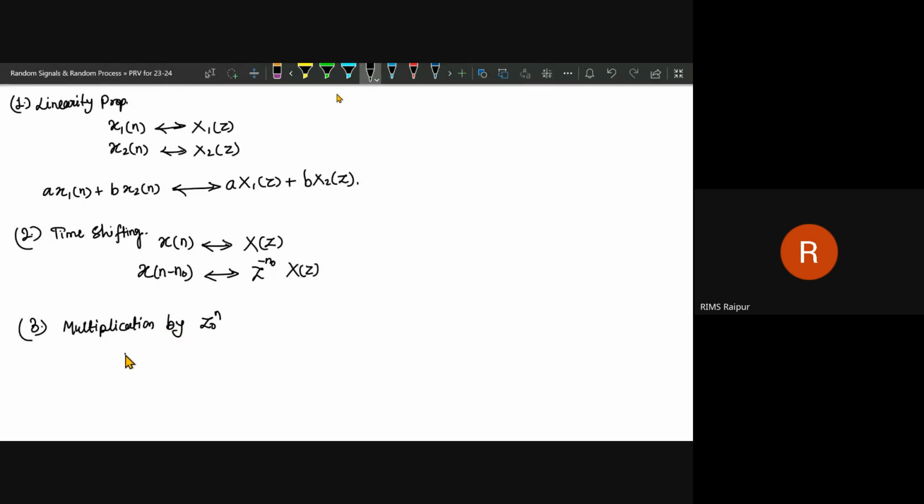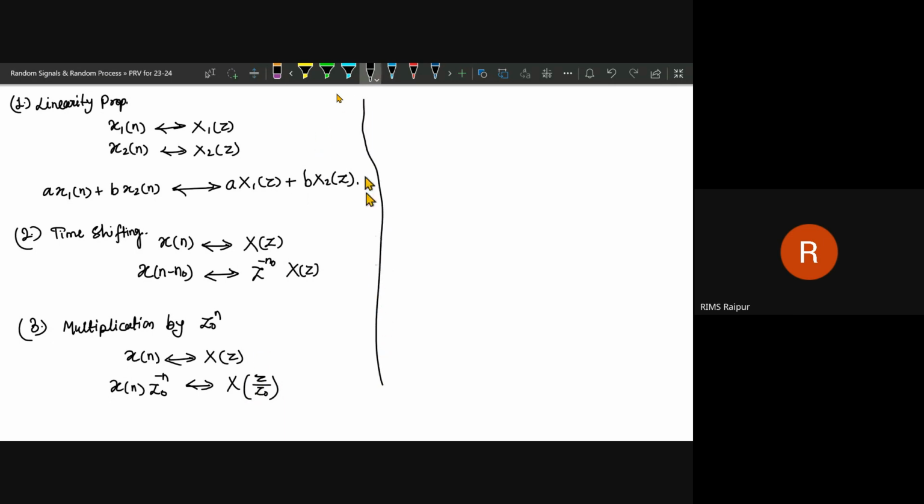Suppose we have x of n with Z transform X of Z, and if we multiply this x of n with Z naught raised to the power n, in that case the transform X of Z will be replaced with Z upon Z naught. So this is the multiplication property.